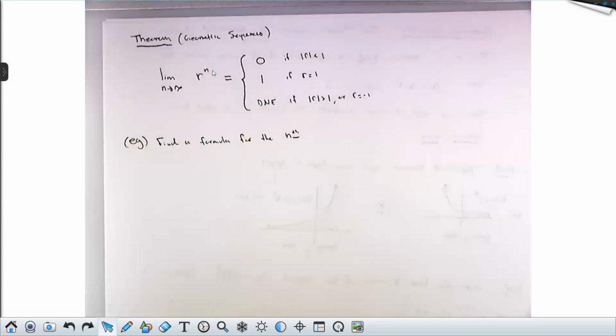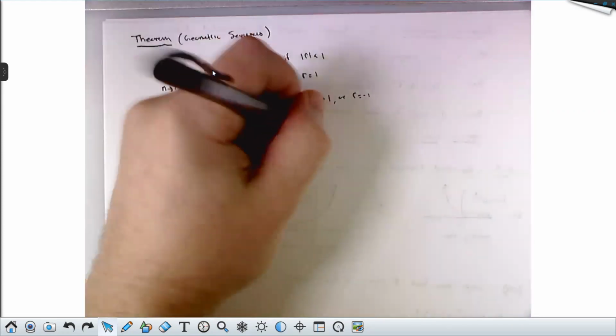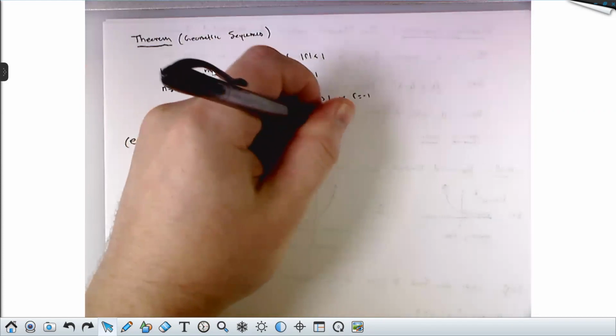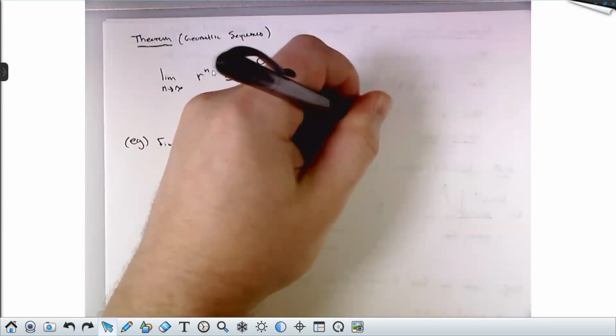Okay. So, new problem. Let's find a formula for the nth term of the sequence.